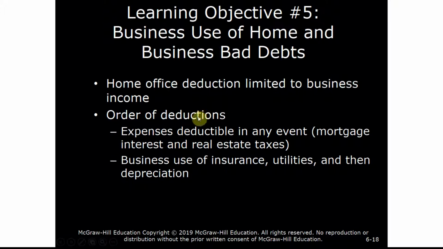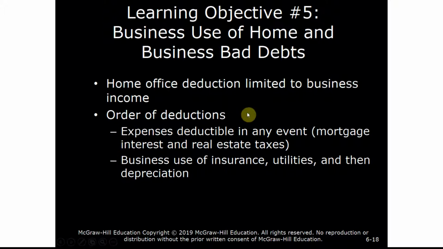There's an order in which businesses must take deductions, and the reason is that if we deduct expenses and they exceed our income from our business, then certain kinds of expenses are not deductible past zero. In other words, past the point at which we start losing money and creating a net operating loss.